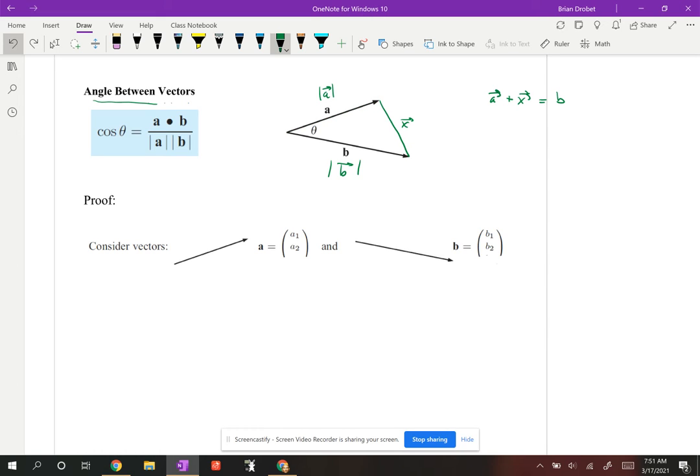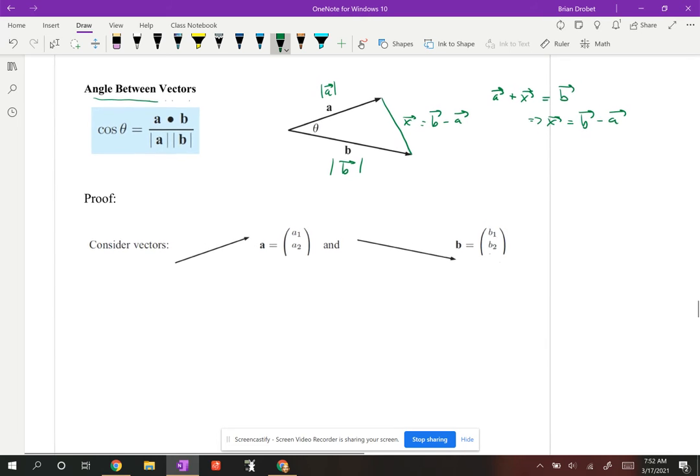So let me back off here for a second. If that's the case, then that third side is equivalent to the vector B minus A. So I'm going to call it that, vector B minus A. And then let's consider the law of cosines.